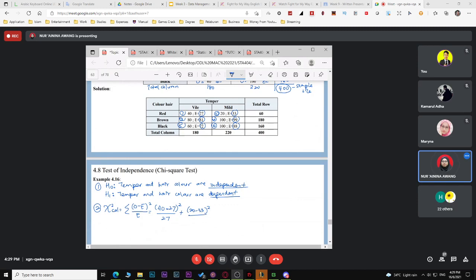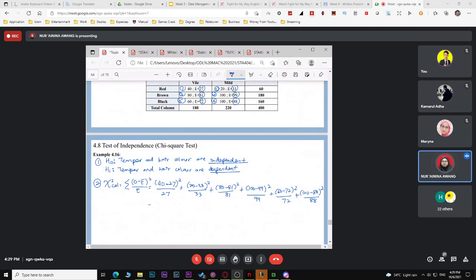And then the next one, plus 100 minus 99 squared over 99. Over 72, and the last one is 100 minus 88 squared over 88. So make sure you have 1, 2, 3, 4, 5, 6, six values.